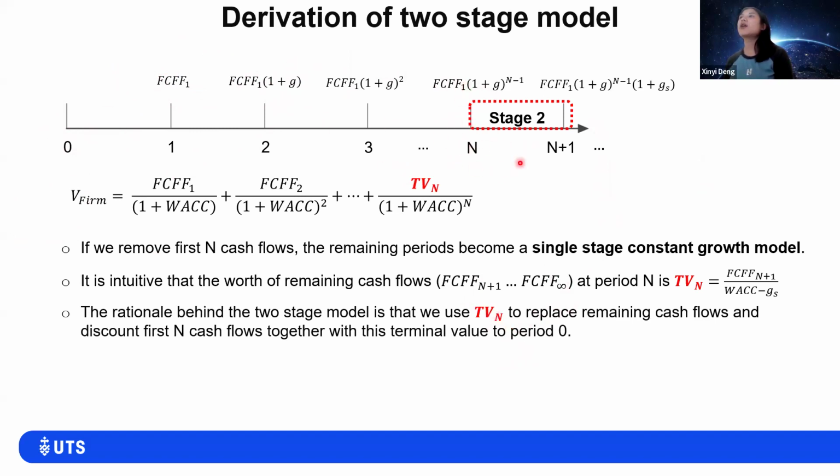One thing I want to emphasize is that the terminal value TVN is at period N, so to calculate the firm value, we have to discount that terminal value back to period 0, and add it to the discounted values of the period 1 to N cash flows. That's basically how we can obtain this formula here.